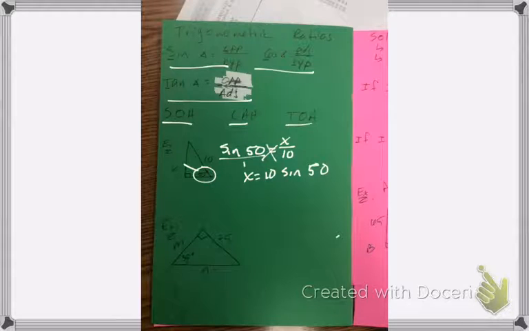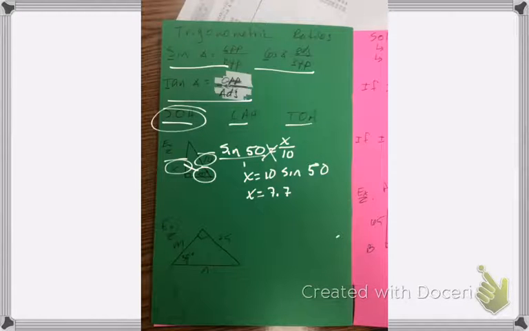So if I take 10 times sine 50, then we get 7.7 if you round to the nearest tenth. Okay? And I used sine because x was the opposite and 10 was the hypotenuse. And I knew that from sine uses opposite over hypotenuse. That's how I determine which one to use.